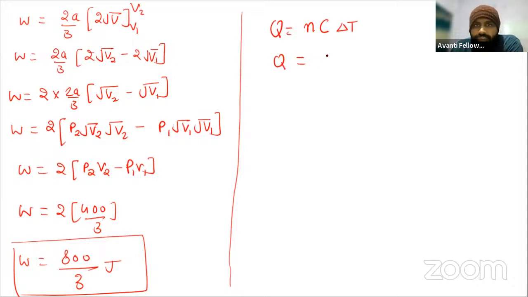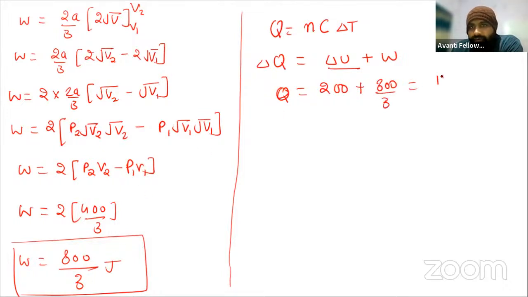Q is equal to delta U plus W. So delta U is given as 200, and W you have calculated as 800 by 3. So it will become 1400 by 3 joule, that is 600 plus 800 over 3.